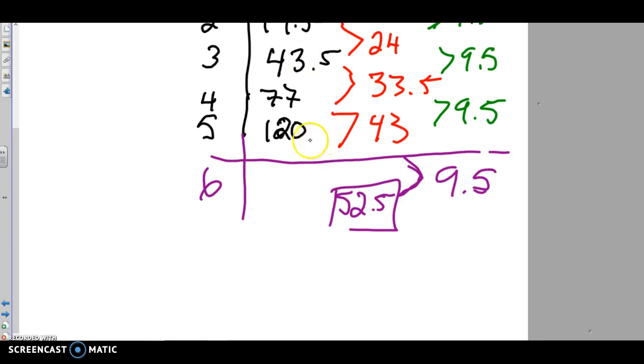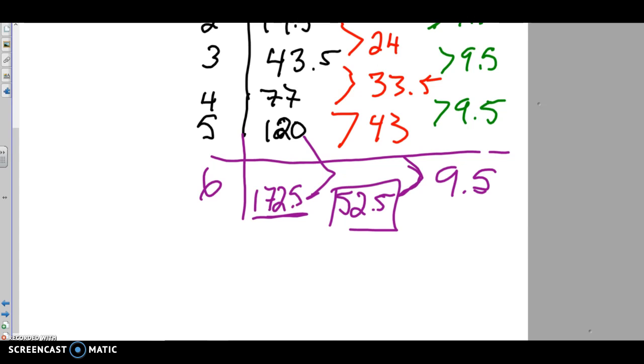And then working backwards once more, I'm going to add that 52.5 to 120. So that when the velocity is 6, the stopping distance will be 172.5. And that's going to be in feet.